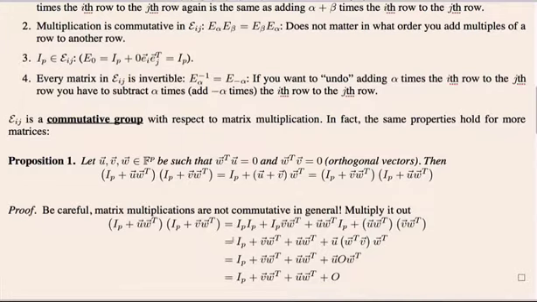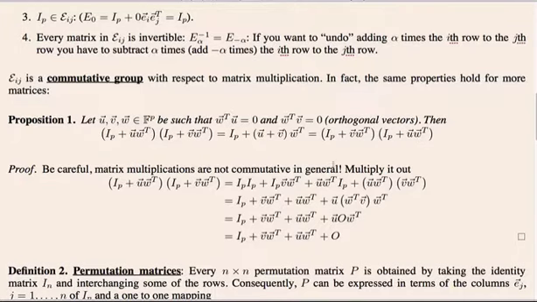Then the first term is just the identity, the second is just VW transpose, the third is UW transpose, and here the multiplication is not commutative, but it is associative, so we can regroup. If you look at the middle part, W transpose V is 0 by assumption, and multiplying the zero scalar with the matrix results in the zero matrix, so that part disappears. And the same would be true if you change the order, of course.